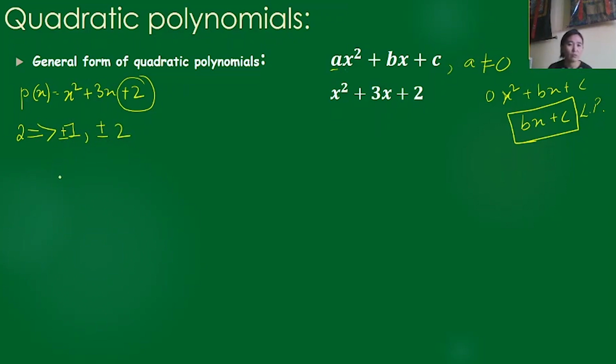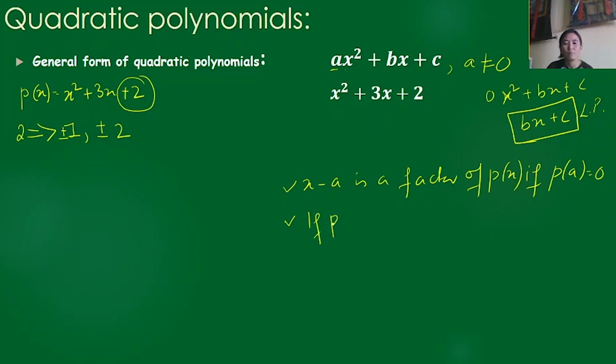If you recall, the factor theorem states that x minus a is a factor of p of x if p of a is equal to 0. In the second part of the factor theorem, it states that if p of a is equal to 0, then x minus a is a factor. Here we are going to use the second part.